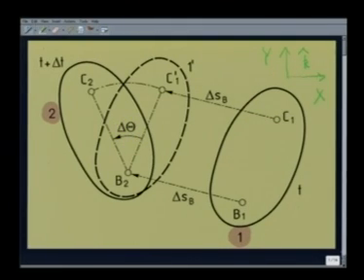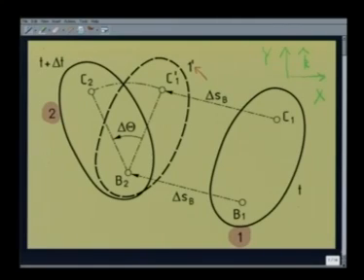So, let us consider this general plane motion of this rigid body during the time interval delta t when it moves from configuration 1 to configuration 2. This can be decomposed under two headings, namely a translation which takes from configuration 1 to configuration 1 prime, when all the points move by the identical amount and in identical direction.